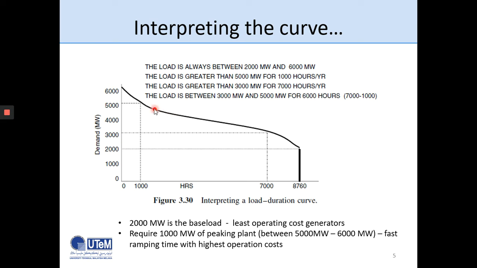So maybe at 12 afternoon, the value can be 6,000. Maybe by 2 p.m., the demand can drop to 5,000. 4,000 or 3,000, the demand can drop. And then it can increase back again. So TNB needs to consider that, right?